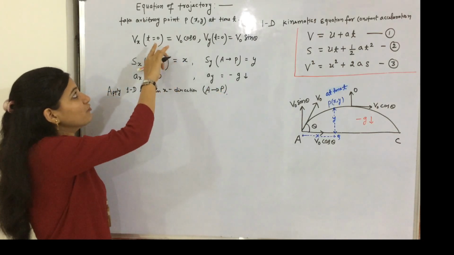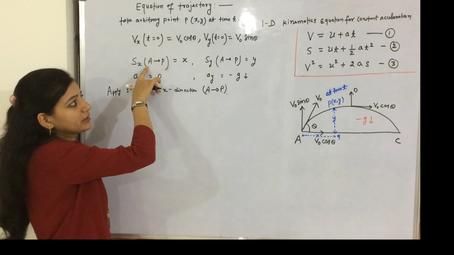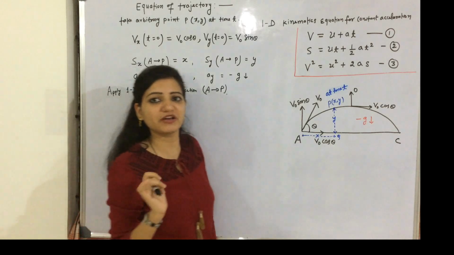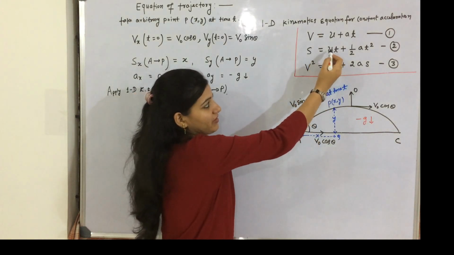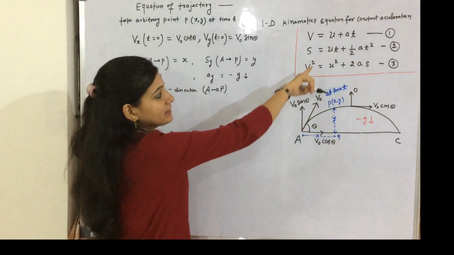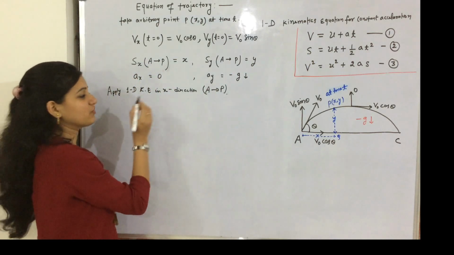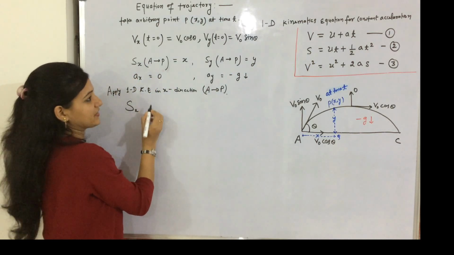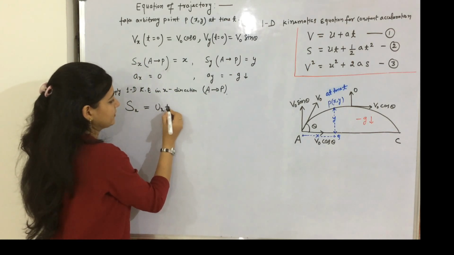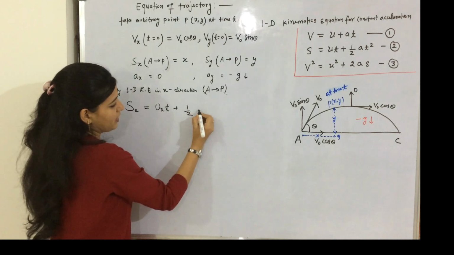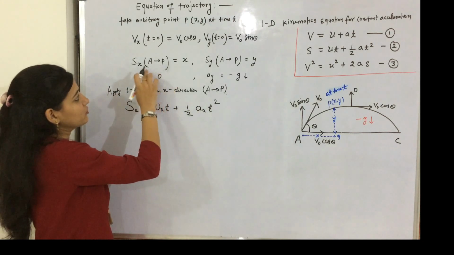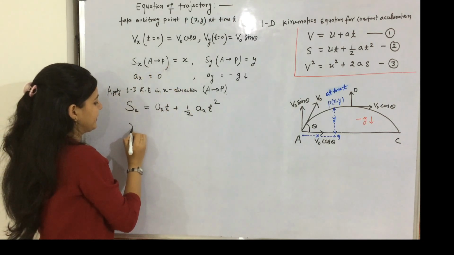Now we have initial velocity, displacement, and acceleration, that is u, s and a. So which formula should we apply? We have s, we have initial velocity, we have acceleration, we have t. So let's go with equation 2. Applying equation 2 in the x direction, Sx equals Ux t plus half ax t square. Now Sx from point A to P is x.